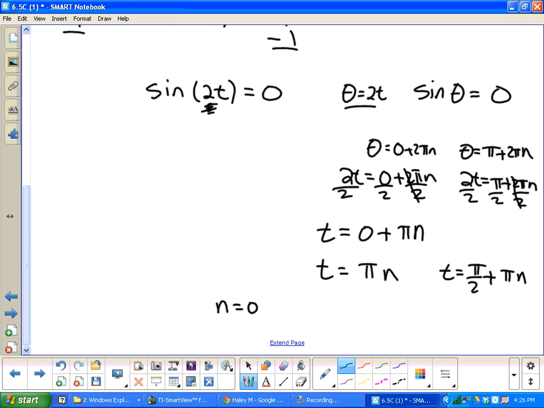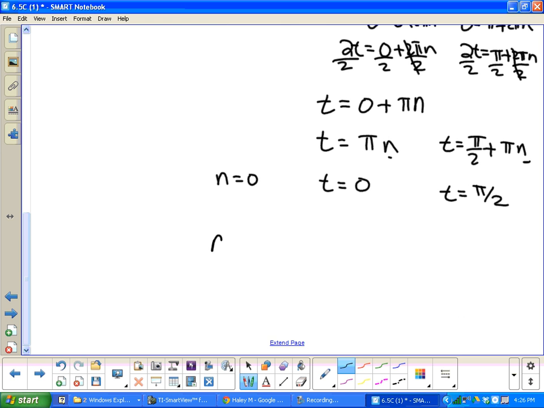All right, so if n is 0, pi times 0 would just be 0. So we get t to be 0. And if n is 0 here, then that's just going to give me pi over 2. Now I think we can work another one here. We could probably do n equals 1.